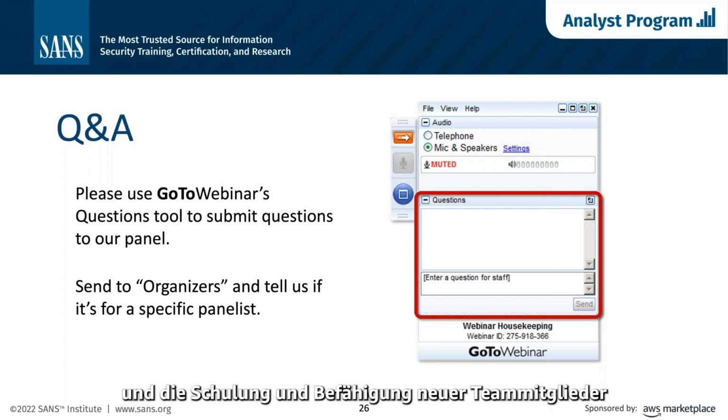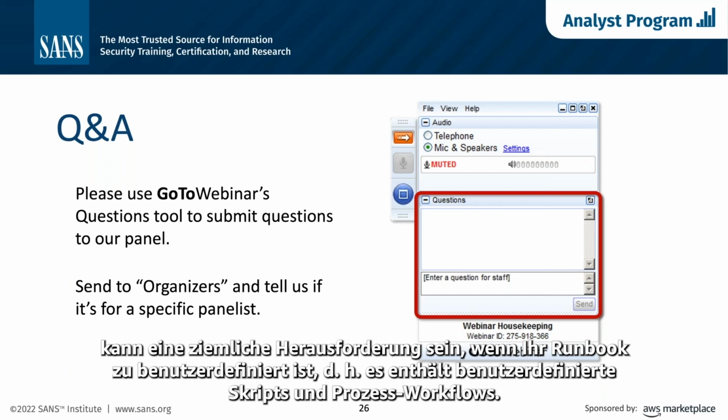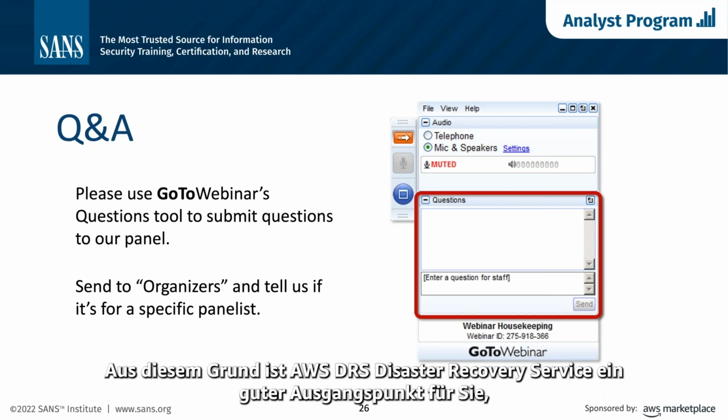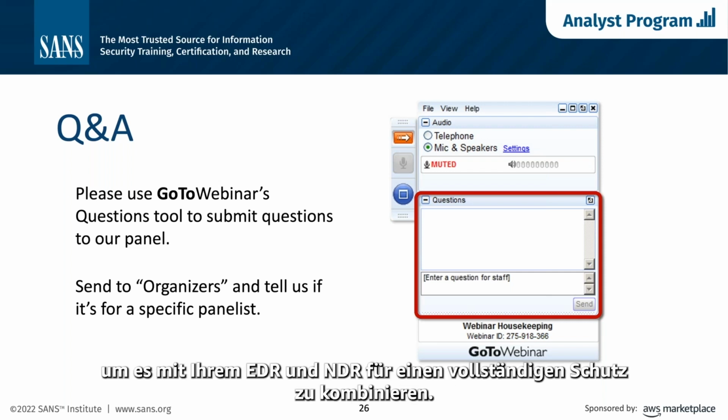Training and enabling new team members can be challenging if your runbook is too custom, which means it contains custom scripts and process workflows. So that's why AWS Disaster Recovery Service is a good starting point to combine with your EDR and NDR for your protection.